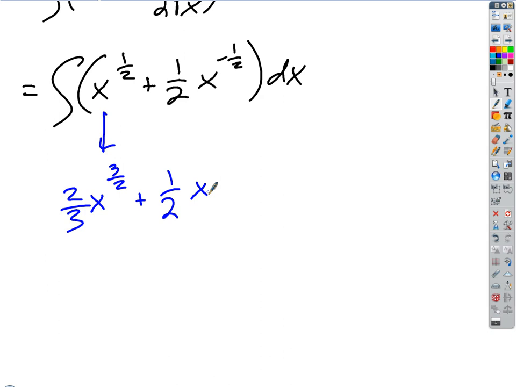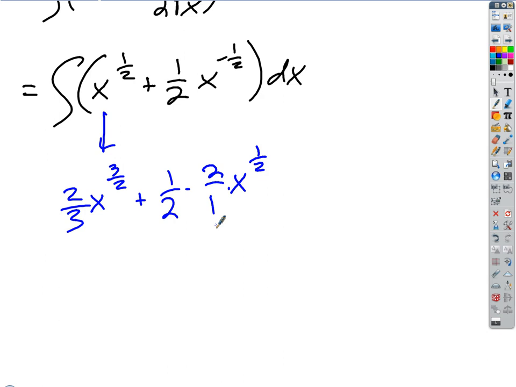I guess I do need to scoot that over, don't I? Aren't you minusing? n minus 1? You're adding 1, right? Because remember the rule, when you anti-differentiate, you gotta make the power bigger by 1. Okay. So it's gonna be x to the negative 1/2 plus 1, which is positive 1/2. Divided by 1/2 is the same as multiplied by 2, right?